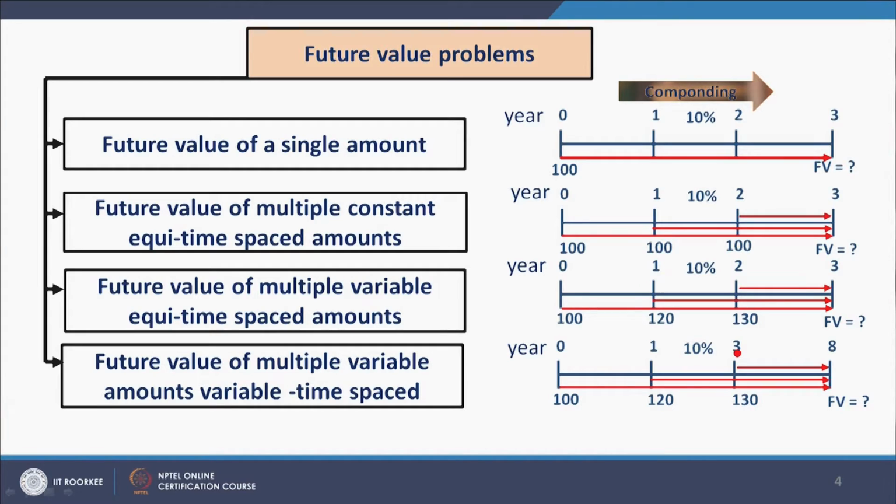It is not the end of second year, but the end of third year, and I want to find out what is the future worth of all these 3 investments at the end of 8th year. The last 2 types of problems which we have discussed now cannot be solved by equations. They have to be solved by first principle.